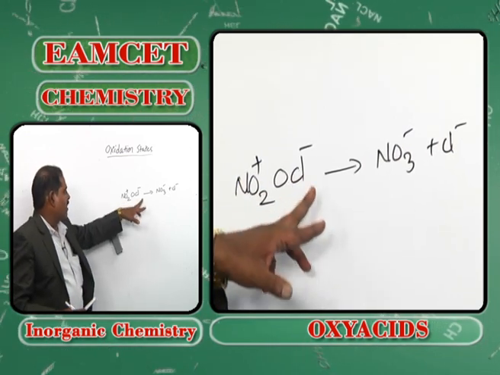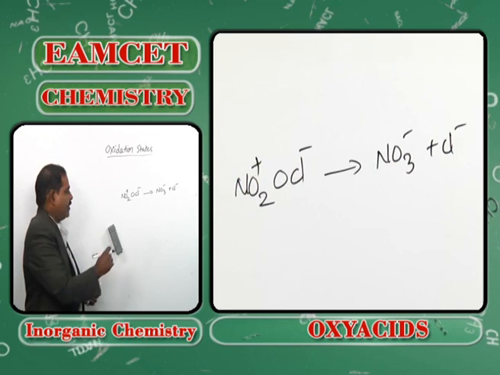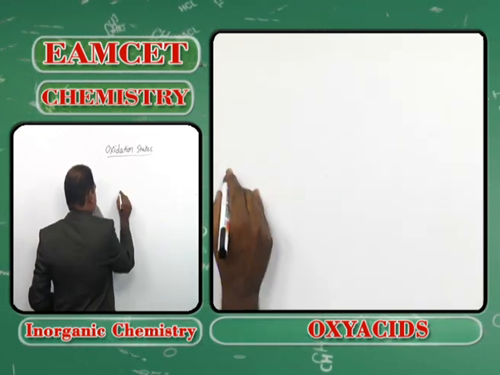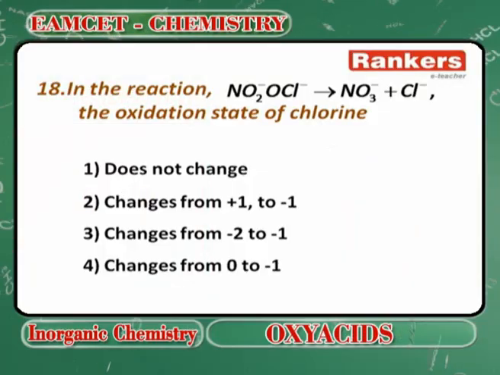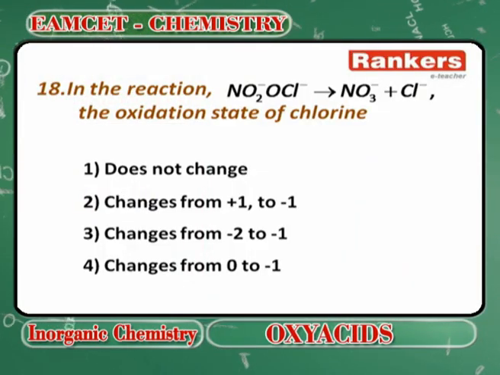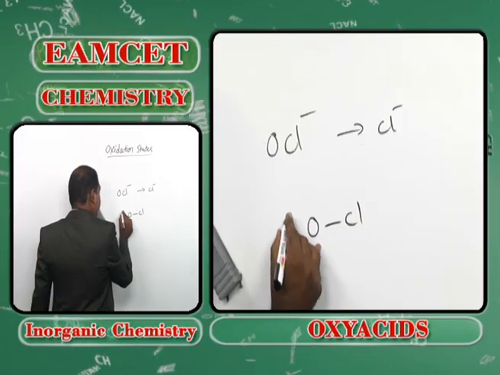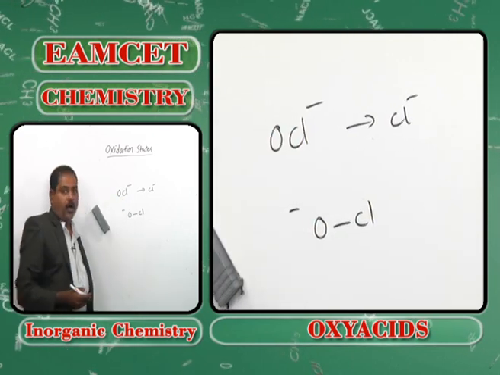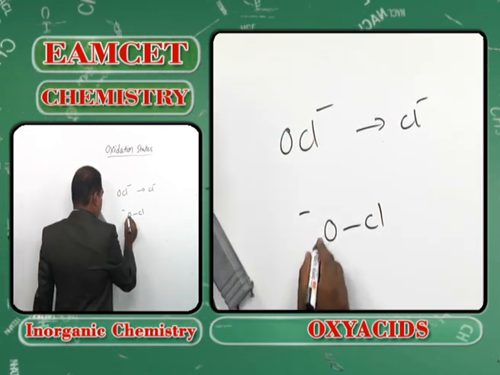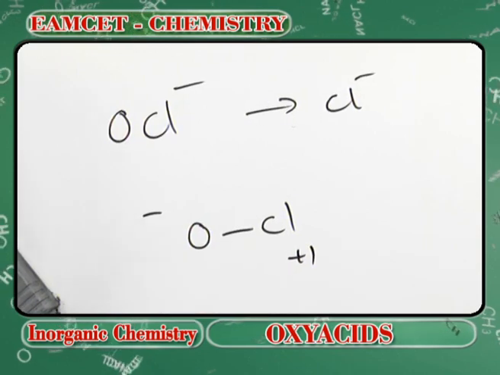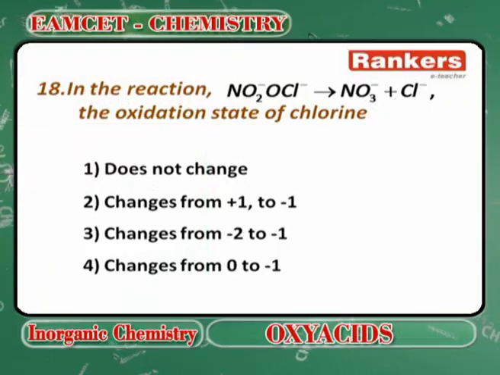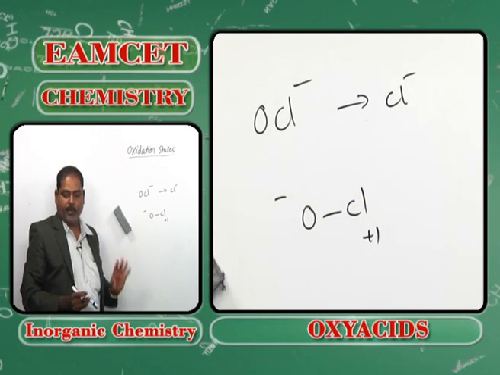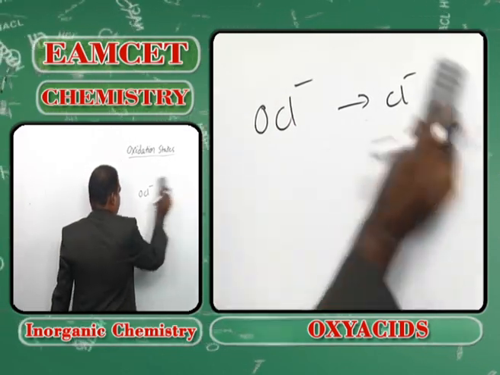Chlorine, OCl minus, what is the oxidation state? Forget about NO2 plus. Why do you worry about NO2 plus? OCl minus to Cl minus. OCl minus means OCl, the minus is on oxygen. So chlorine is bonding with oxygen. Who wins the match? No doubt oxygen wins and chlorine is plus 1. So what happens? The oxidation state of chlorine changes from plus 1 to minus 1. Correct option is option number 2.